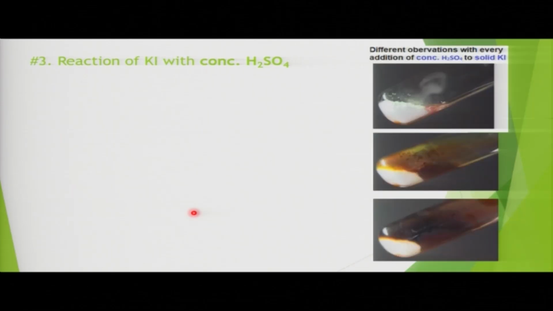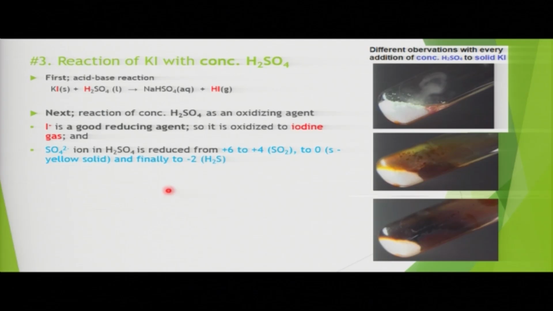What happens when we use potassium iodide? The same first reaction, acid-base, forming hydrogen iodide fumes as you see them. But because iodide is a strong reducing agent, it reduces the sulfate ion to sulfur dioxide gas, to sulfur, which is a yellow solid, you even see the yellow solid in here, and to hydrogen sulfide, which has that rotten egg smell.